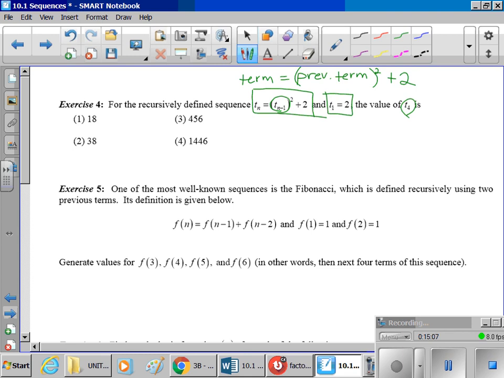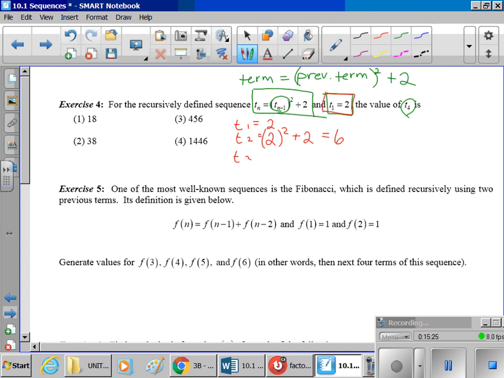So t of 1 is equal to 2 because they give us that right here. For t sub 2, if I use my definition, it's the previous term squared plus 2. So this is going to be 4 plus 2, which is 6.